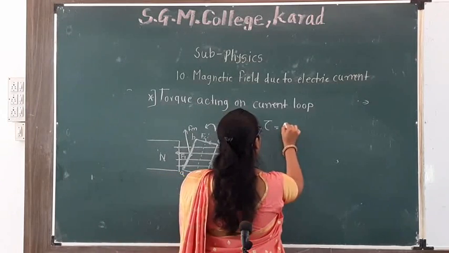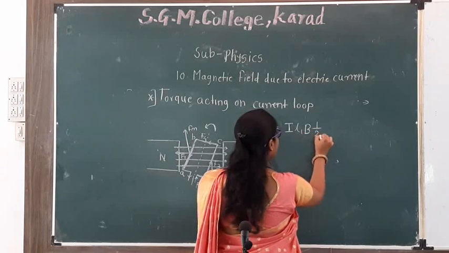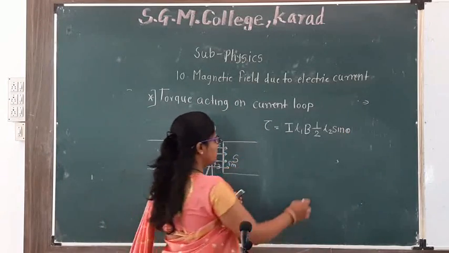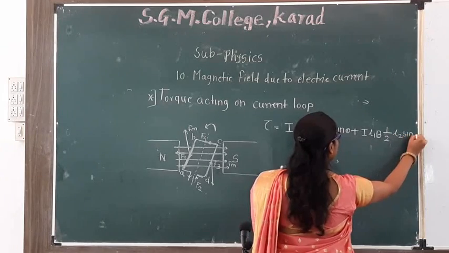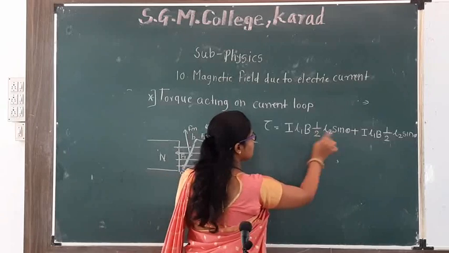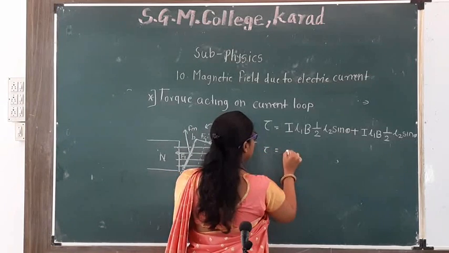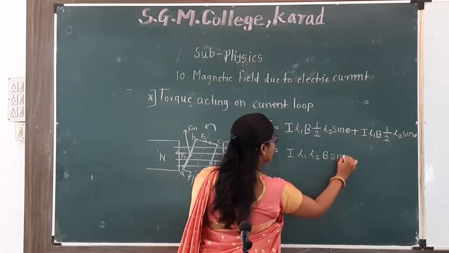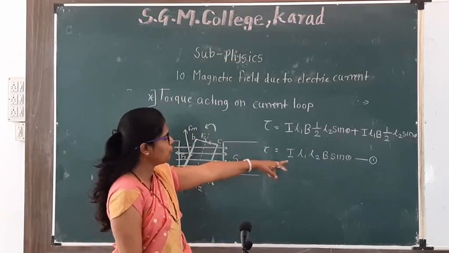Tau is equal to I L1 B times 1/2 L2 sin theta on one side, plus I L1 B times 1/2 L2 sin theta on the second side. Adding the first and second terms, tau equals I L1 L2 B sin theta.